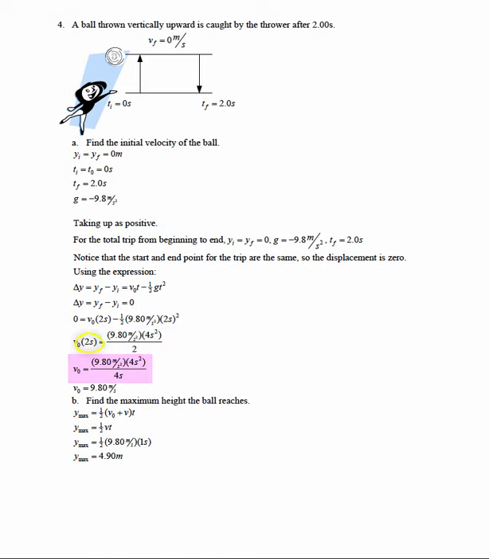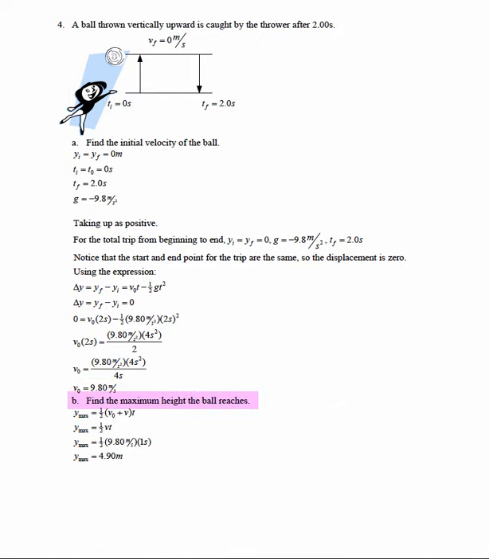If we move the 2 seconds, multiply 2 seconds times 2, we end up with 4 seconds in the denominator, divided into 9.8 meters per second squared times 4 seconds squared. You can see that our seconds squareds are going to cancel out, and we are going to have meters per second, which is what we're looking for, the velocity. So in this case, the initial velocity looks a lot like the acceleration number for gravity, 9.8 meters per second.